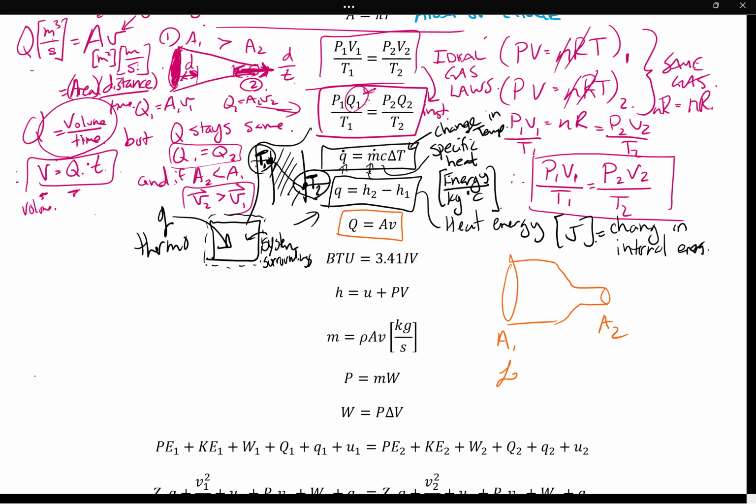Well, I say let Q1 equal Q2 because the amount of volume of this liquid flowing through has to be the same as the amount of volume of this liquid exiting because it's not compressible. So therefore, A1V1 equals A2V2. And this is what accounts for velocity increasing when area decreases. This is called the continuity equation.